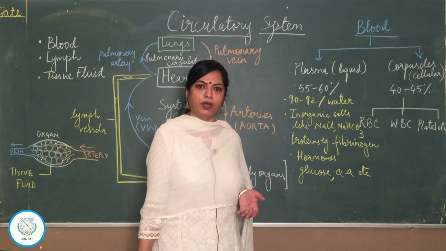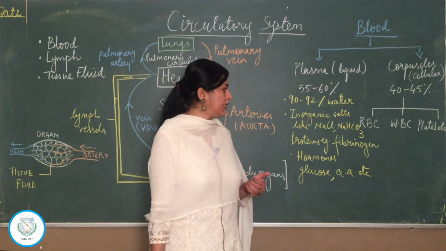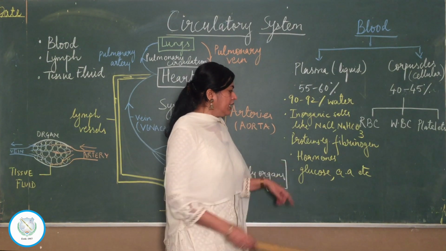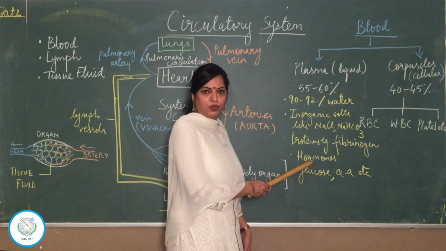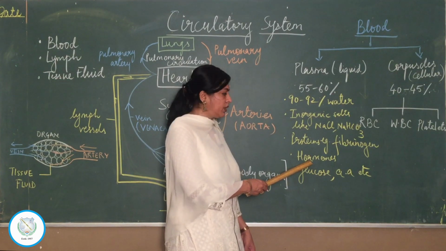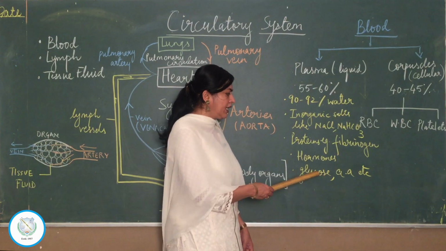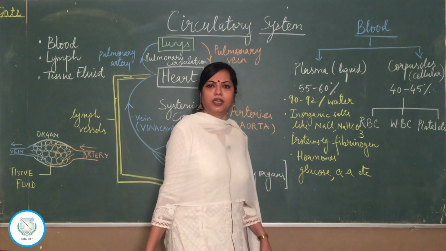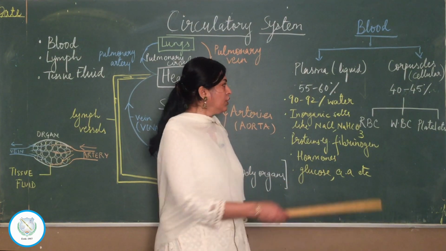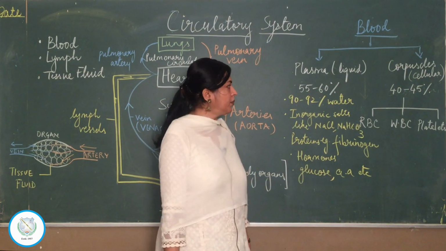Fibrinogen is a very important protein required for clotting, so we will discuss that under the clotting section. It has lots of hormones. We know that our body has two controls, nervous control and endocrine control. So hormones bring about the endocrine control. It has glucose, amino acids and lots of other nutrients. So they are all dissolved in the plasma, the liquid part of the blood.